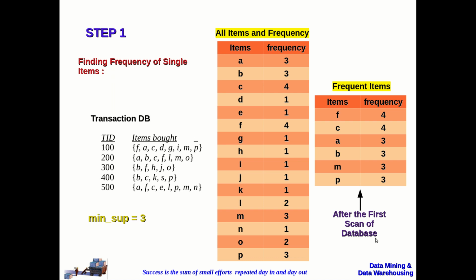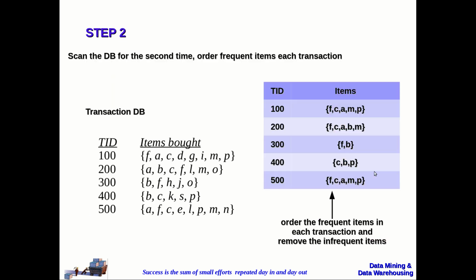You can see here the frequency of each item is listed in the descending order after the first scan of the database. Once you have listed these frequent items, the second step is to scan the transaction database for the second time and order the frequent items of each transaction.